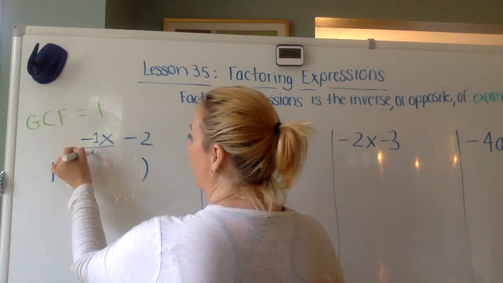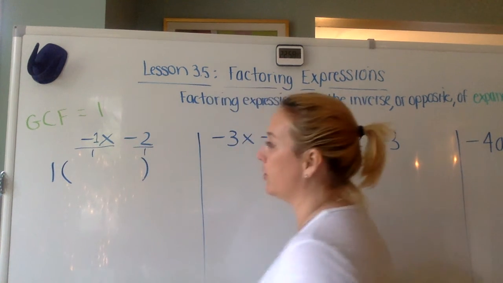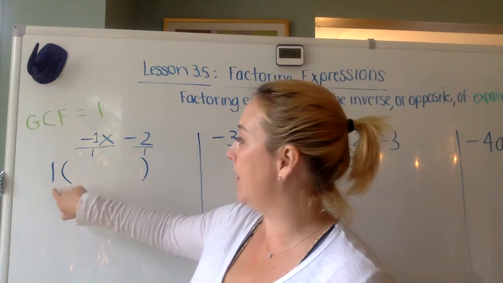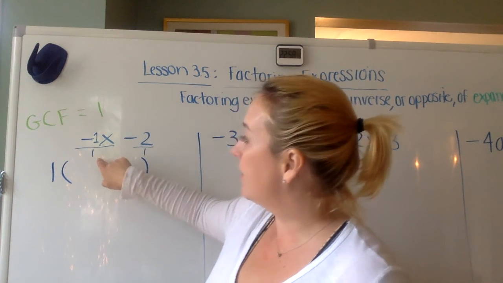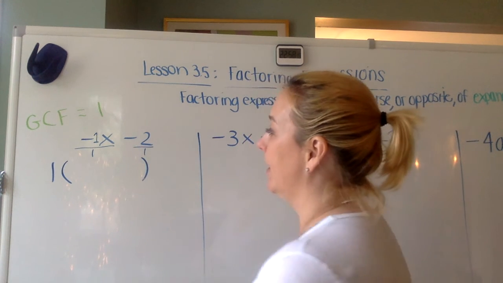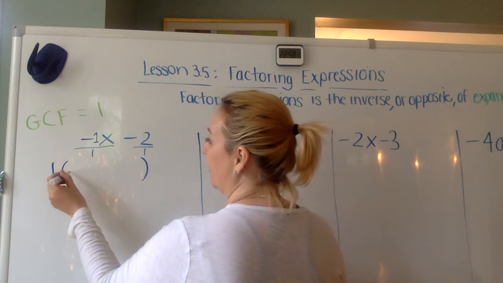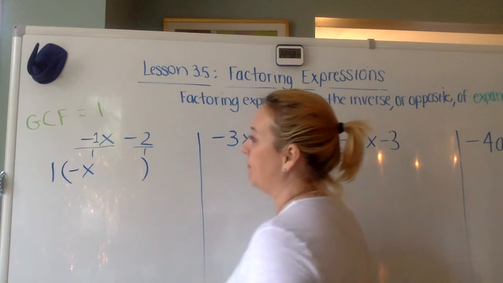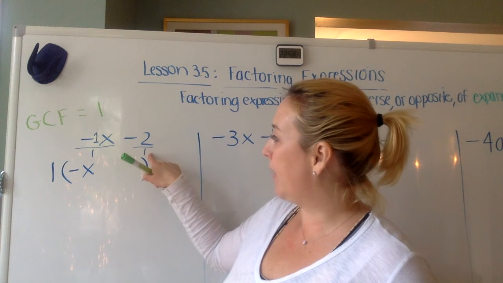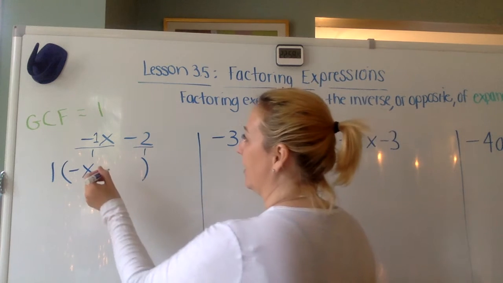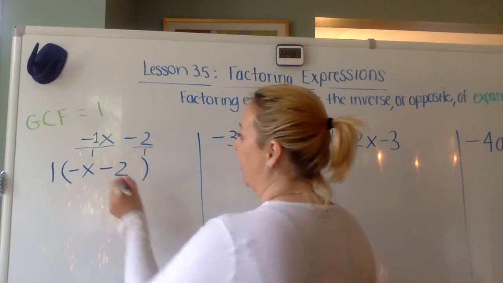times, I'm going to divide. Remember that trick I just showed you in the last video, kind of dividing by the number you put outside of the parentheses? Negative 1 divided by 1 would be a negative, right? So I'm back to negative x. And then negative 2 divided by positive 1 is negative 2.